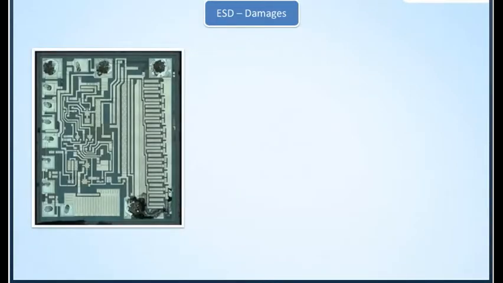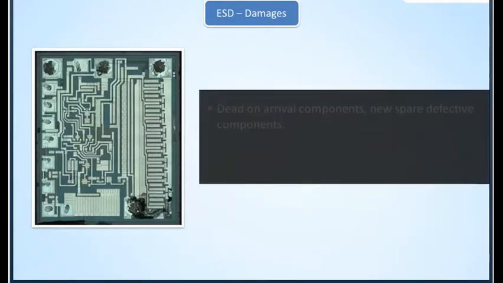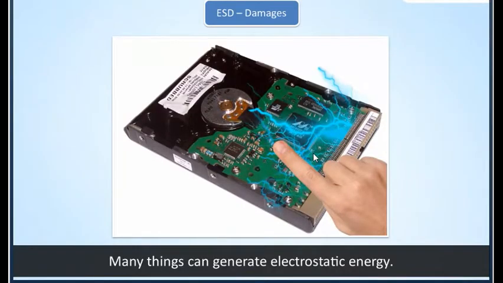Damages caused by ESD are of two types: immediate damage and partial failure. Dead on arrival components and new spare defective components are examples of immediate damage caused by ESD. Static energy you are carrying will get discharged into the circuitry of the drive. Imagine the circuitry at a microscopic level as rows of fuses.